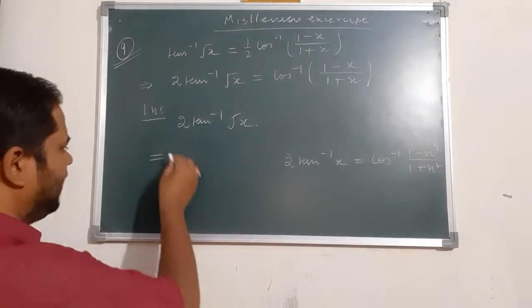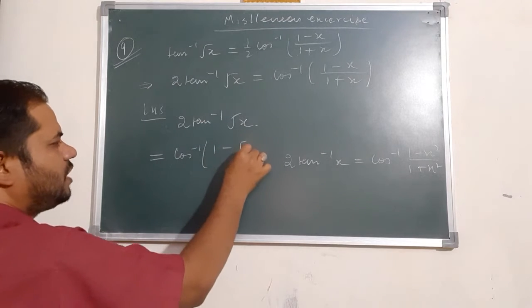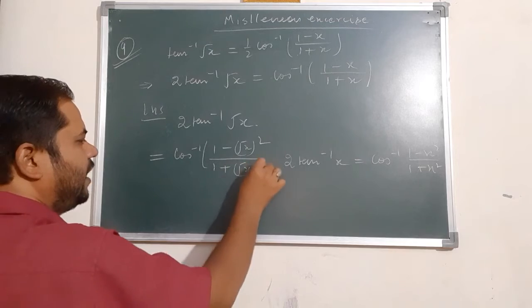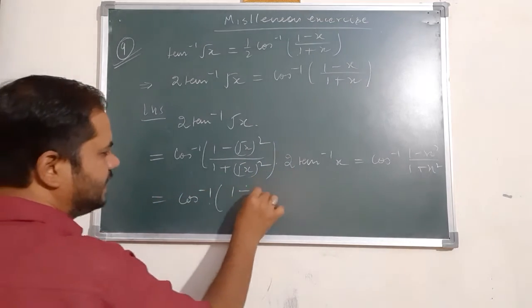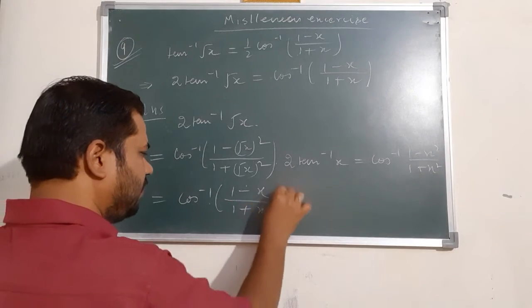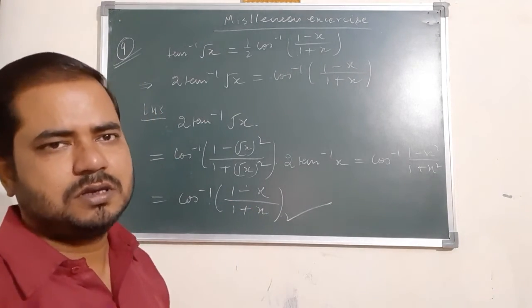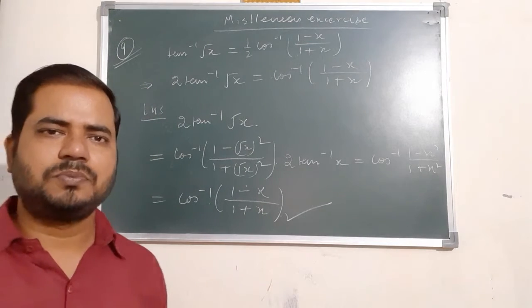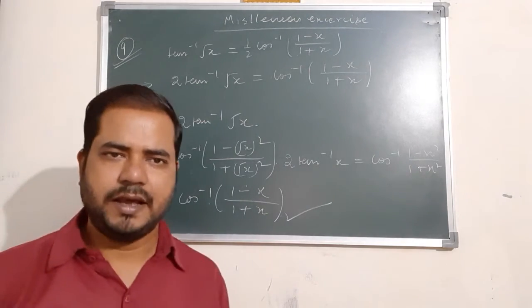So we write it as cos inverse of (1 minus root x whole square upon 1 plus root x whole square), and this is nothing but (1 minus x) upon (1 plus x). Okay, so this is the solution for question number 9 from the miscellaneous exercise. Please note it down, and then after we see the next question.